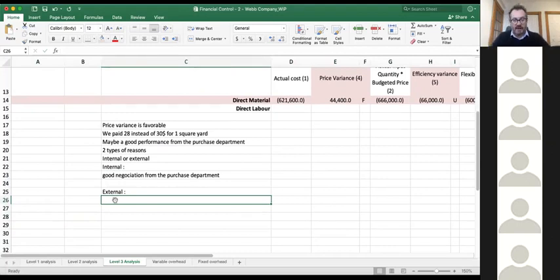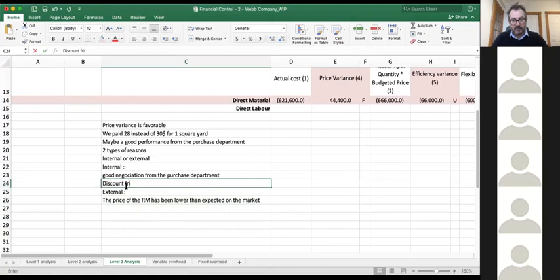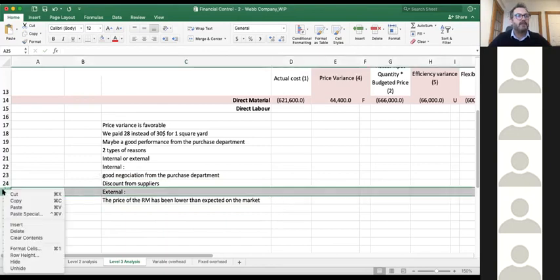Okay, so yes, the price of the raw material has been lower than expected on the market. Okay. Discount from suppliers. So good negotiation. Discount from suppliers. Something else?